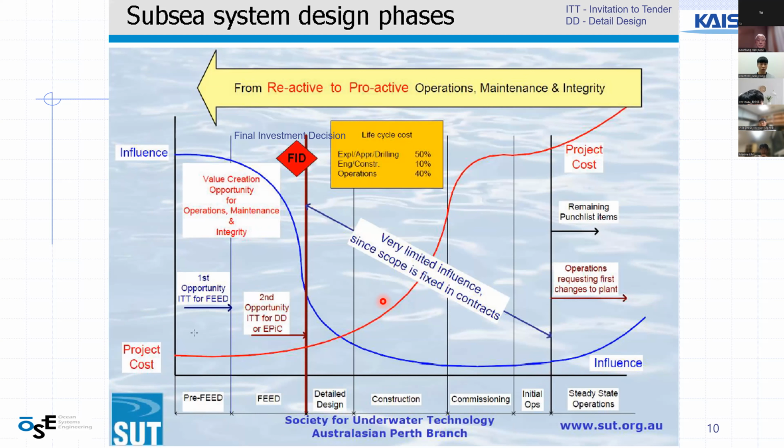This is because the scope is fixed after the FEED stage due to contract, so the influence is limited. On the other hand, project cost increases as the procedure progresses. Therefore, the FEED stage is very important because it has high influence and low cost. If a problem is revealed in a later stage, the ugly Ford Mustang can be repeated.